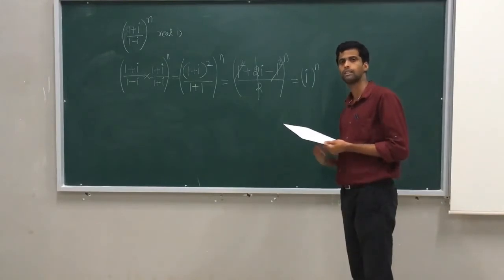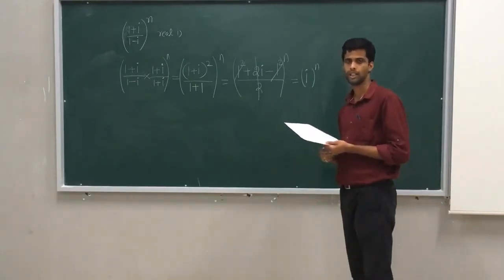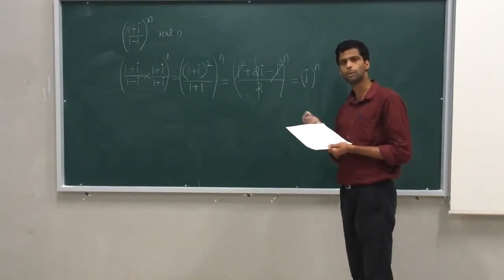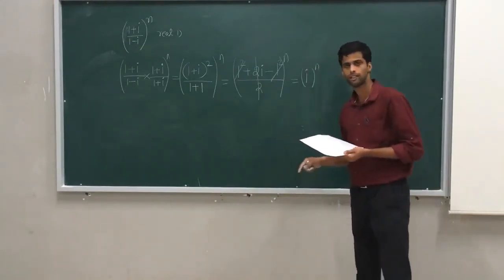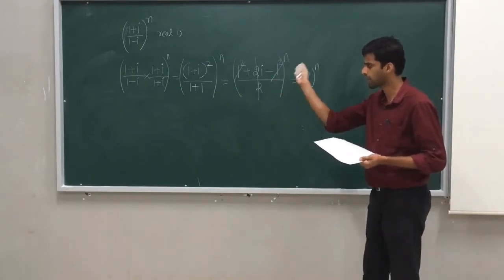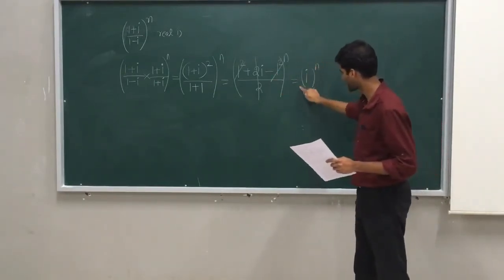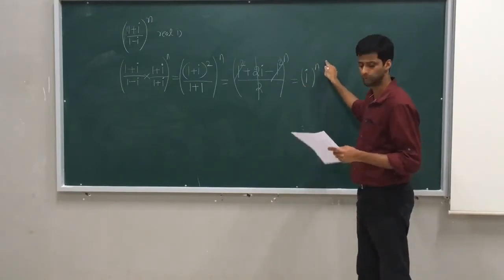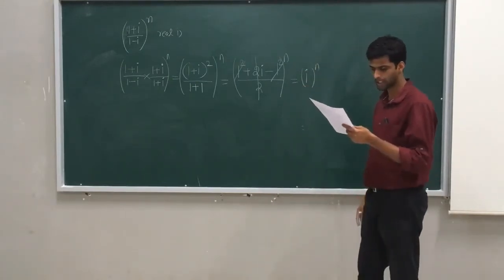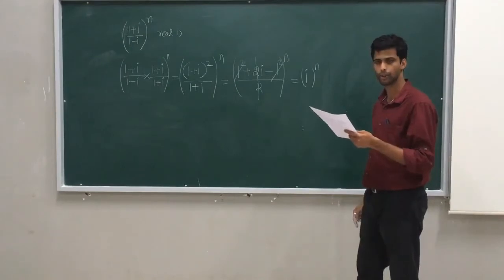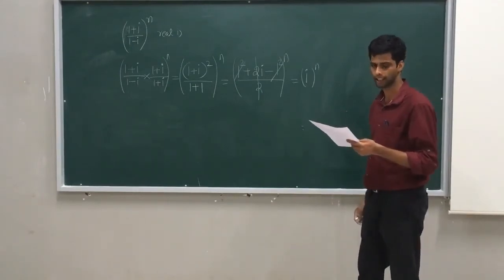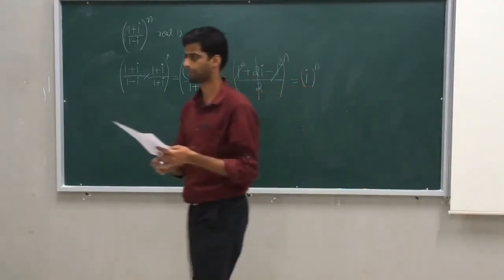If I put i raised to 4, it is i square and i square. But what is the least value which makes it real? There are many numbers, 3, 4, 5, 6, 7, 8, but the least value which makes this expression real is 2. Therefore, 2 is the least integer which makes this expression real. Therefore, option A is the right answer for this particular question.